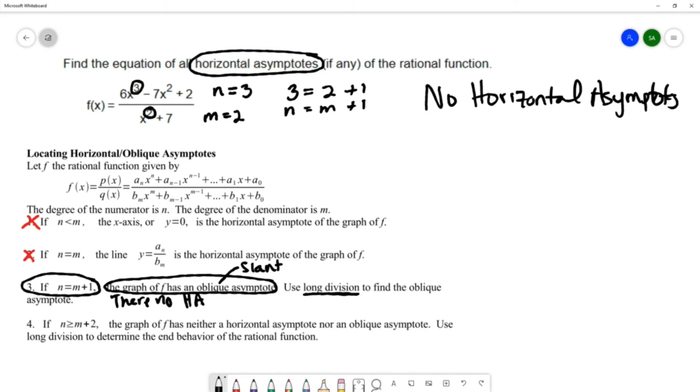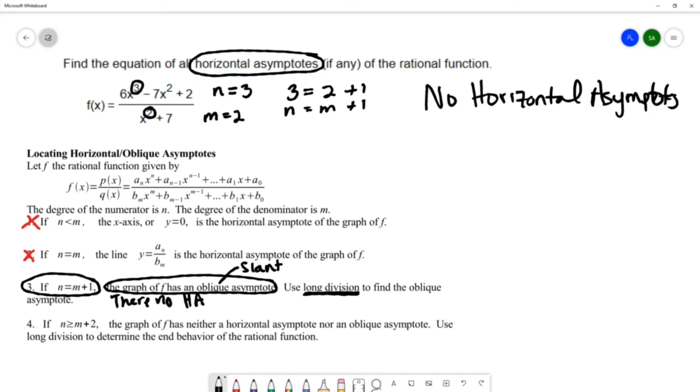Now that is not necessary for this particular problem, but I'm going to go ahead and do the long division just for informational purposes.